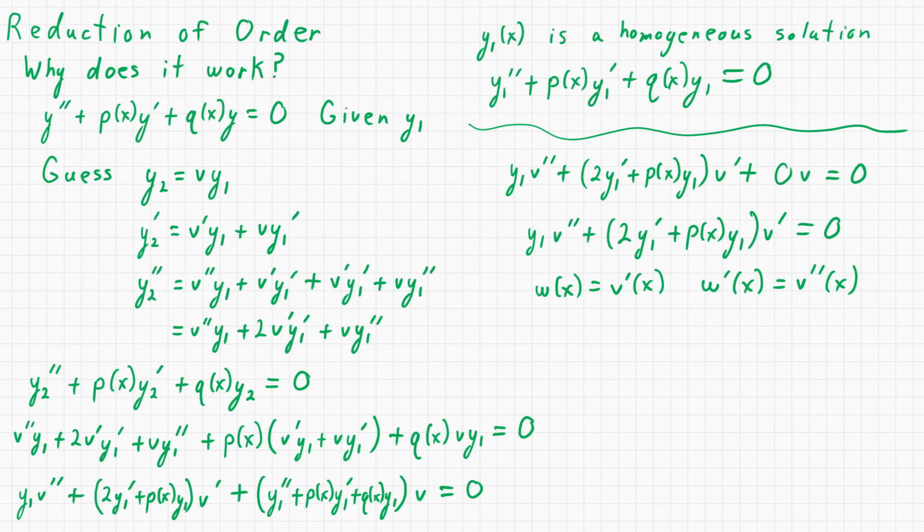And so we get a first order differential equation to solve, essentially y1 times w prime plus the quantity 2 y1 prime plus p of x times y1, times w, equals 0. And then from there, we can try to solve for w. Once we solve for w, we can go back and solve for v. Once we solve for v, we can go back and solve for the second homogeneous solution, y2.